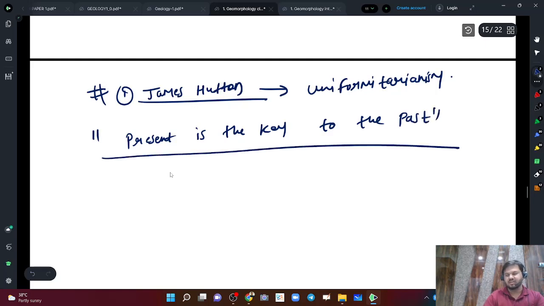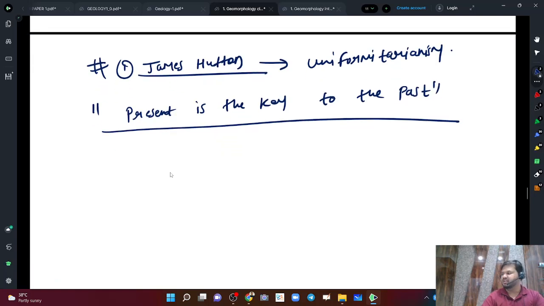So what does this mean? This is what James Hutton said. Hutton said that all the processes, all the forces which are operating at the present moment on the surface of Earth, they were also there in the past, right?